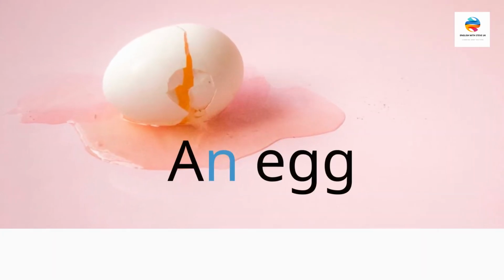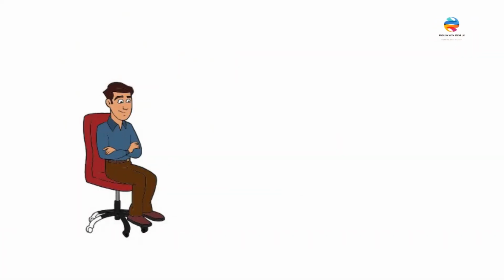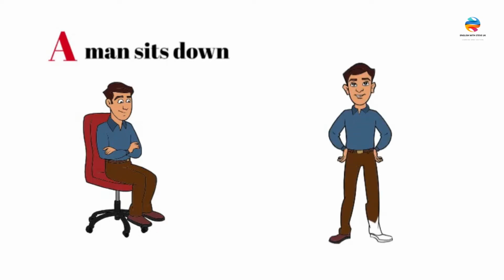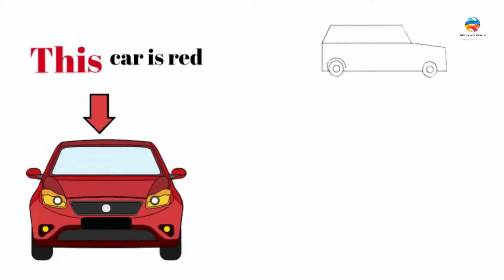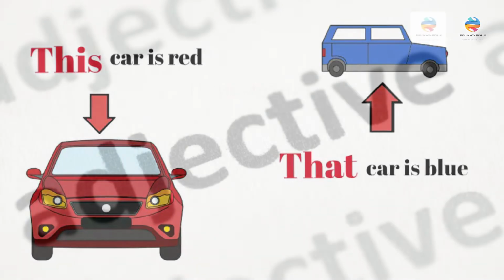An egg. A man sits down. The man stands up. This car is red. That car is blue.